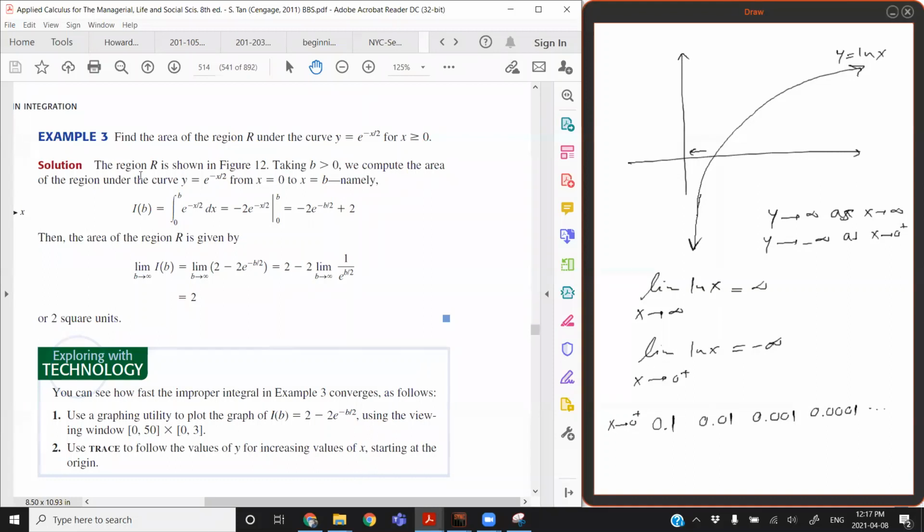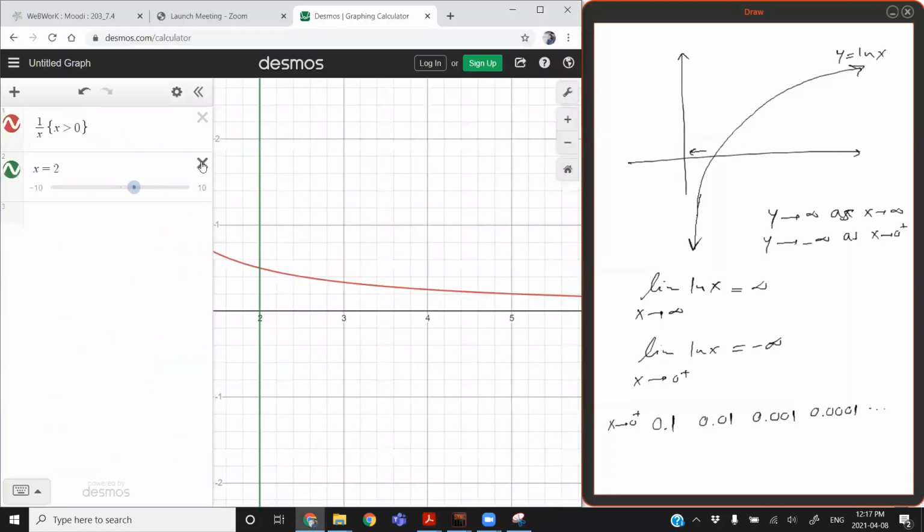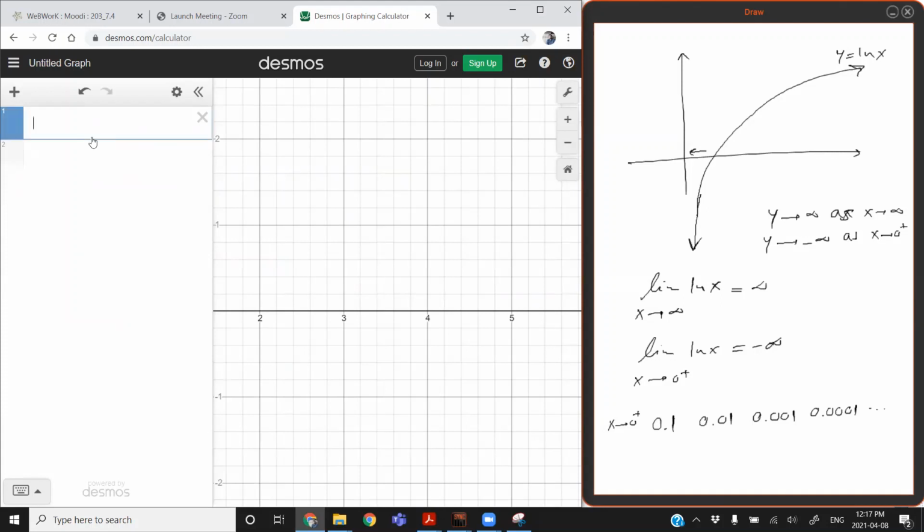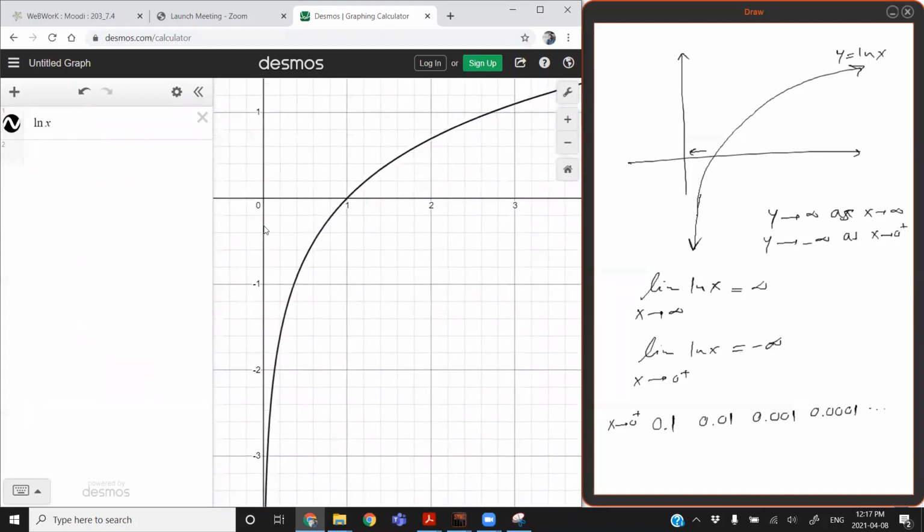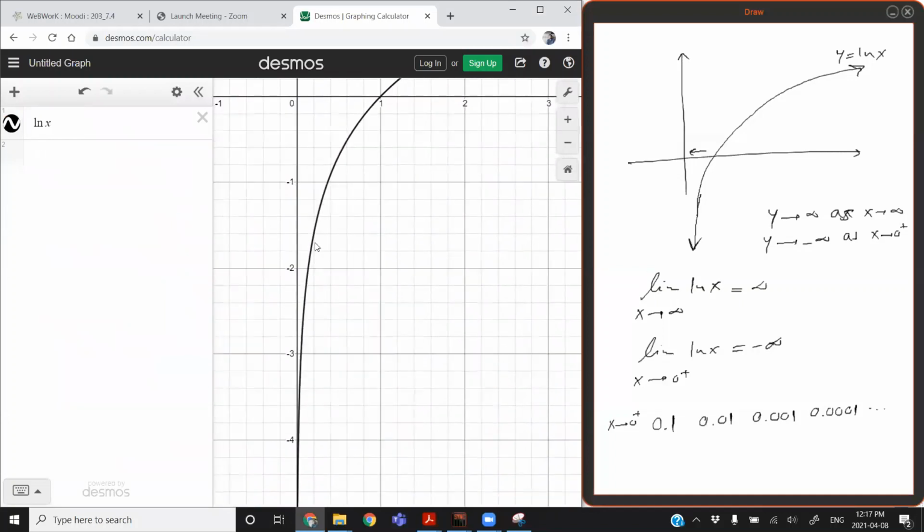So I can give you some examples of that. If I just draw the ln of x, let's just take a look at the values. You see these numbers, if you look at the x coordinate, it is getting closer and closer to 0 now.